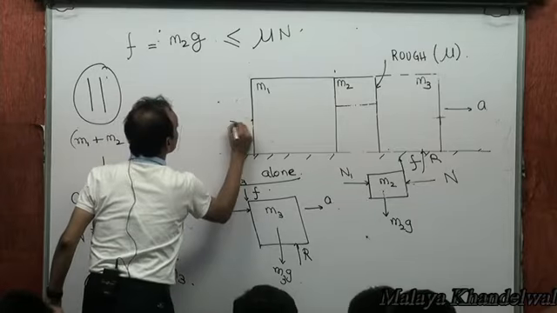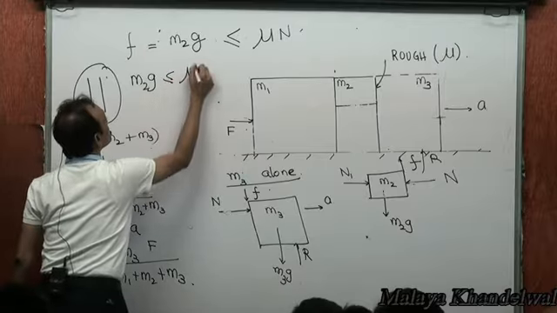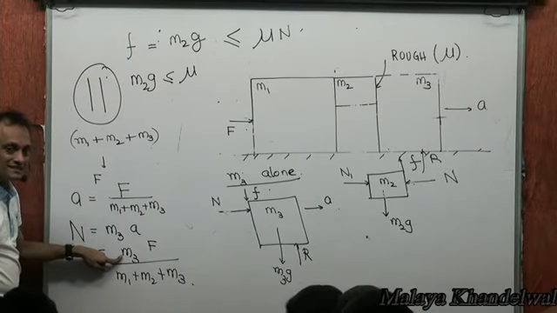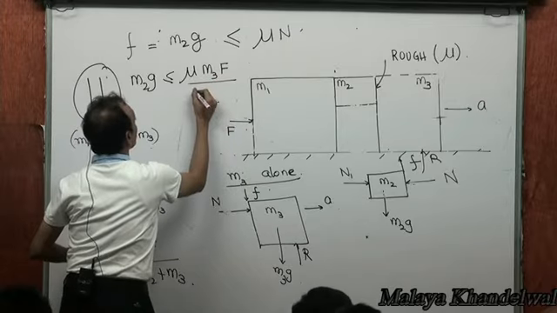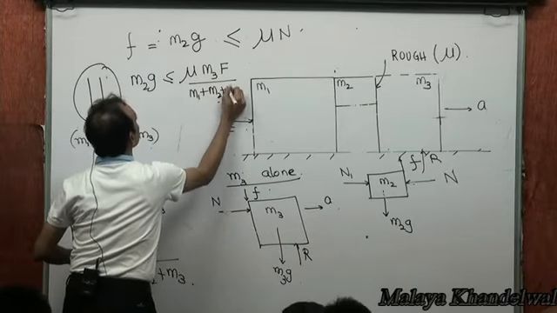Which means M2g must be less than or equal to mu times N. N we have computed. N is M3F divided by M1 plus M2 plus M3. This is the requirement on F that must be met.